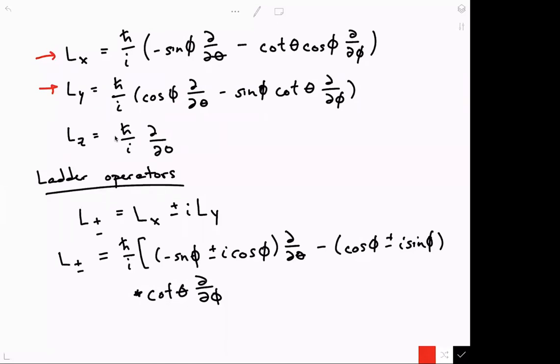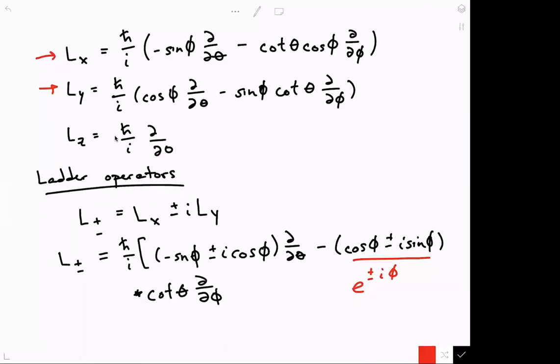And since we can say that this, the cosine phi plus i sine phi, or minus i sine phi, is going to give us an exponential, so just use Euler's identity of plus i phi or minus i phi, depending on whether you've got the plus or minus in your equation.